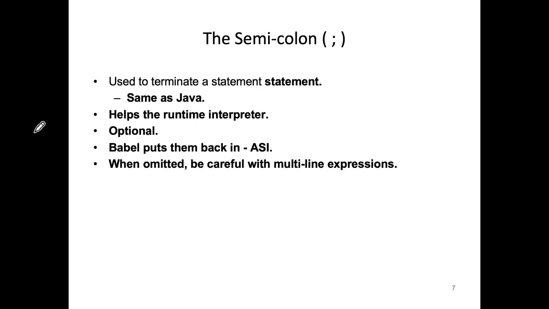It performs something called ASI, automatic semicolon insertion. So what you will see in my JavaScript code is sometimes I'll have a semicolon at the end of a statement, and sometimes I don't. Really, it's just absent-mindedness or laziness on my part as to whether I put it in. But it doesn't need to be there at all.